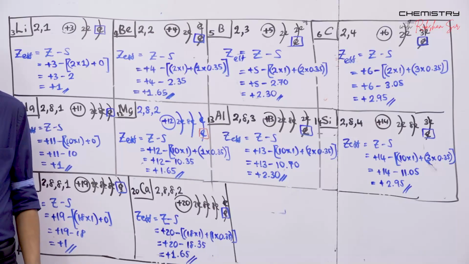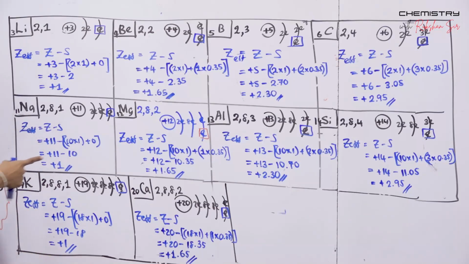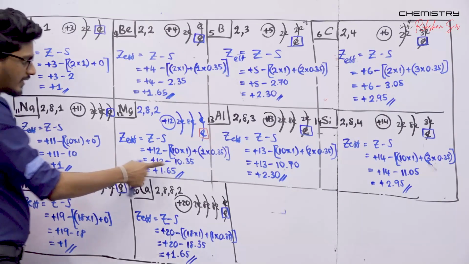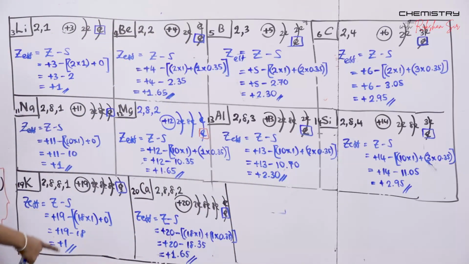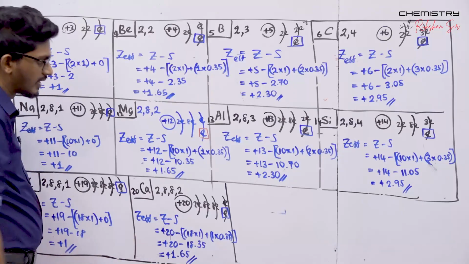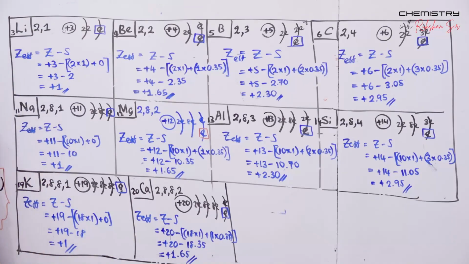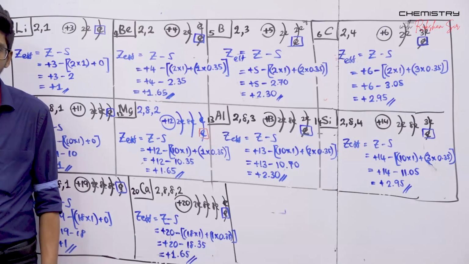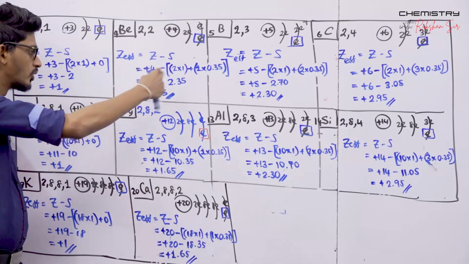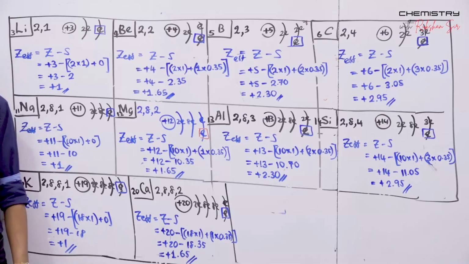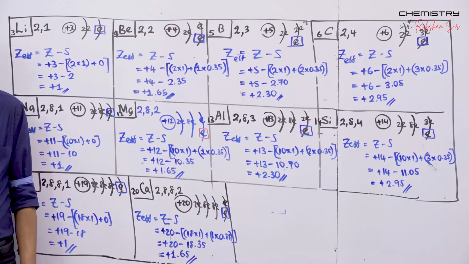Going towards the right, the effective charge is increasing by 0.65 units. That is the period trend. Going towards the right of a period, your effective nuclear charge will increase by 0.65 units.